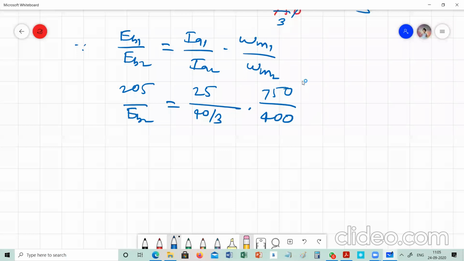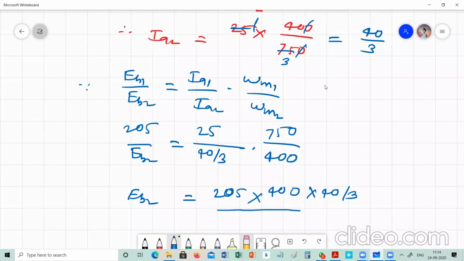We have calculated IA2 is equal to 40 by 3 and I have written the equation EB1 by EB2 once again, which is equal to IA1 by IA2 into omega m1 by omega m2, where EB1 is equal to 205, IA1 is equal to 25 ampere, IA2 is equal to 40 by 3, and omega m1 is equal to 750, omega m2 is equal to 400.